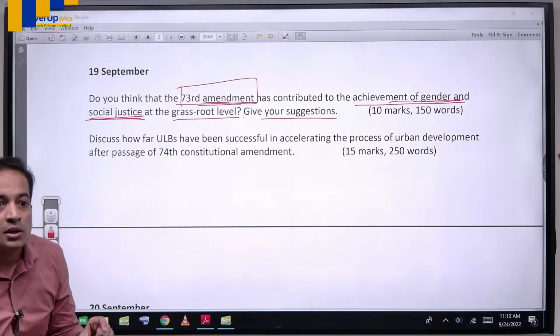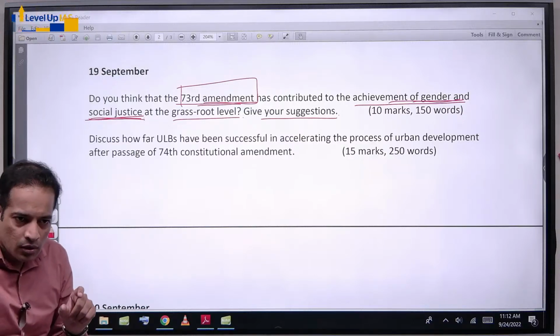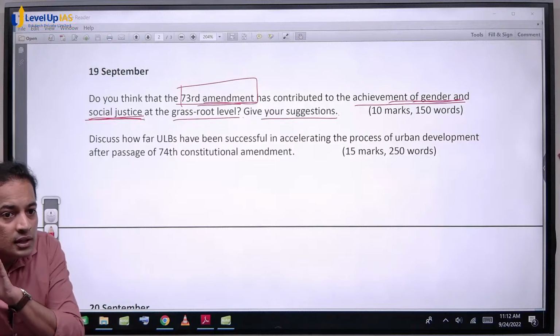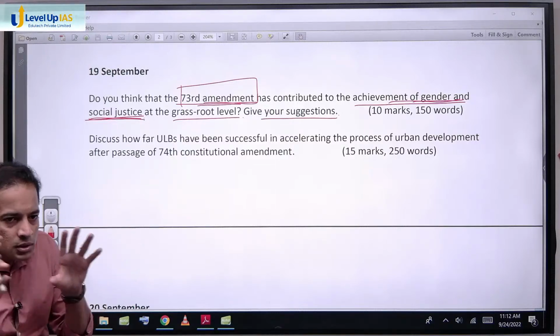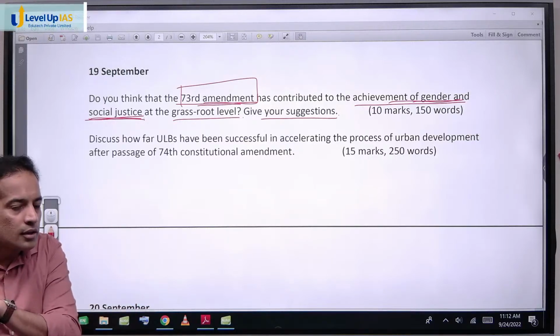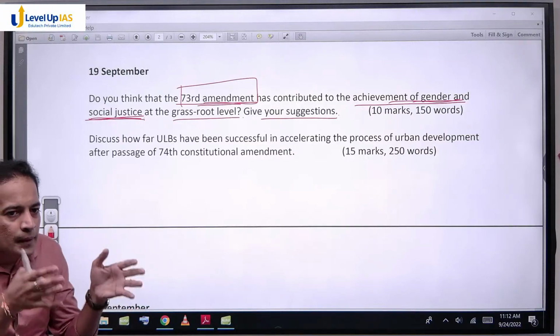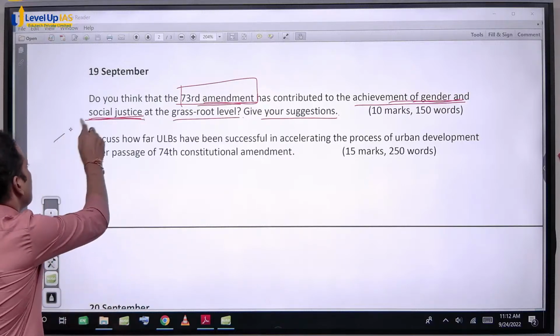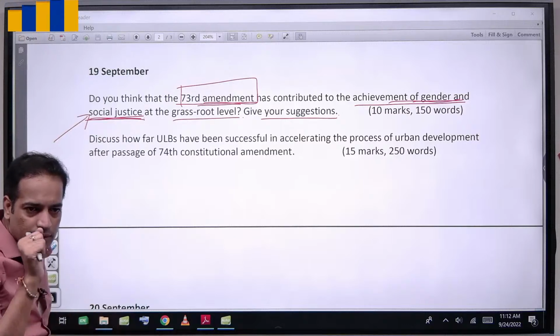Previously they were not, they were relegated to the fringe of the society. So through that we are bringing them to the center of decision making. We are trying to streamline them with the main segment of the society, that is social justice, right?